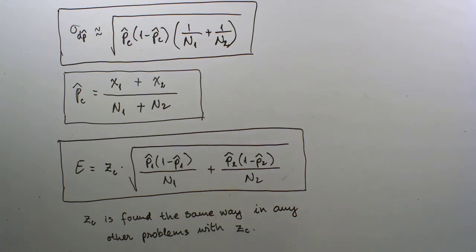What I mean is that prior to this lecture, we have seen other problems asking for a confidence interval that require a z sub c calculation. So how we calculate z sub c now is done the same way as in earlier video lectures.